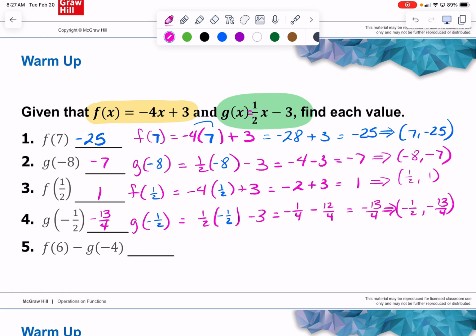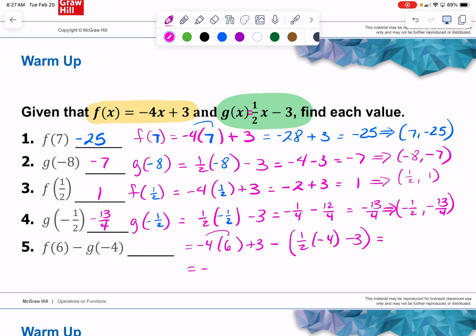Now they want f of 6 minus g of negative 4. Okay, so that's going to be the structure of f, so negative 4 times my 6 plus 3, minus all of the structure of g with an input of negative 4. So 1/2 times negative 4 minus 3. So negative 4 times 6 is?